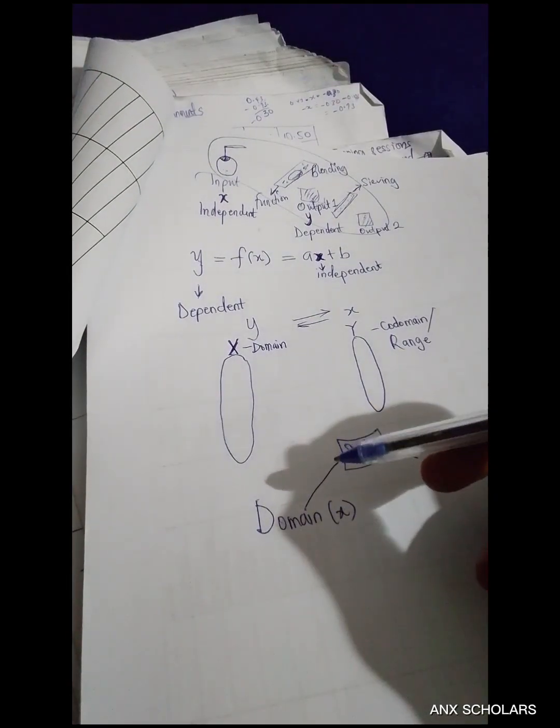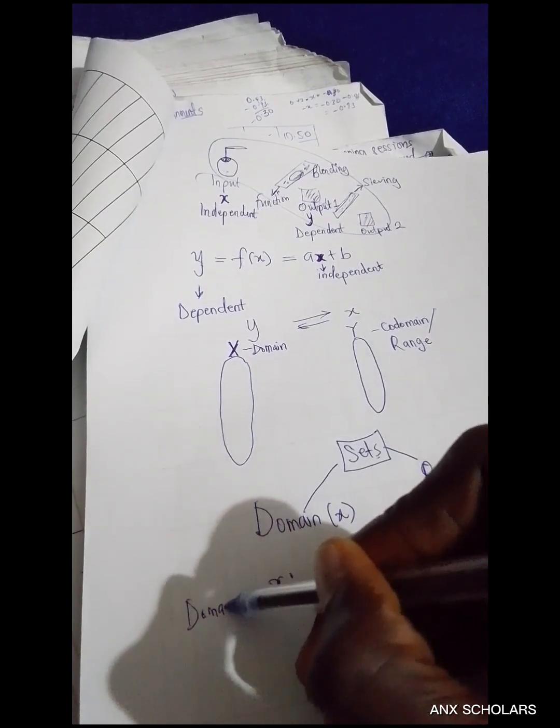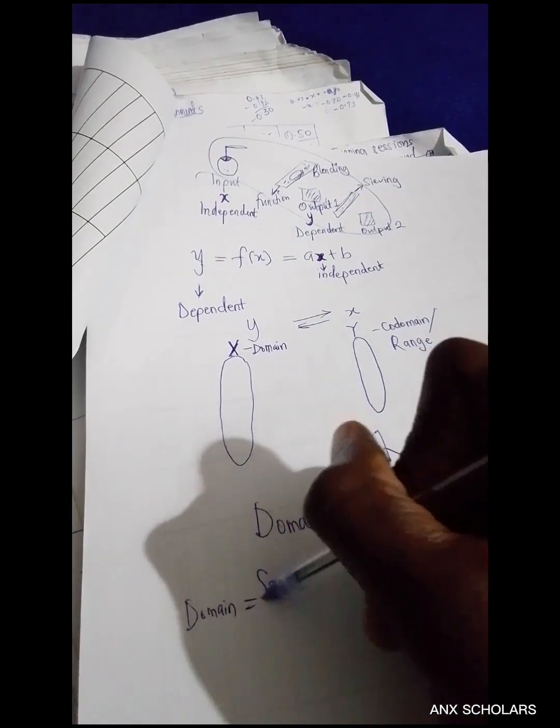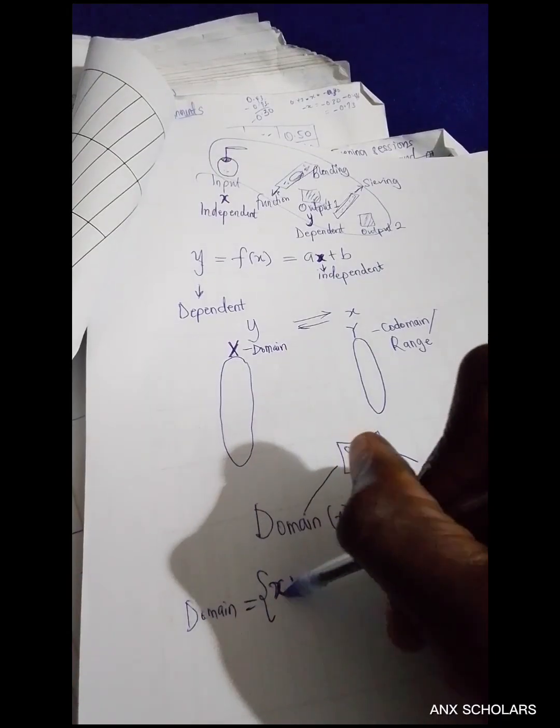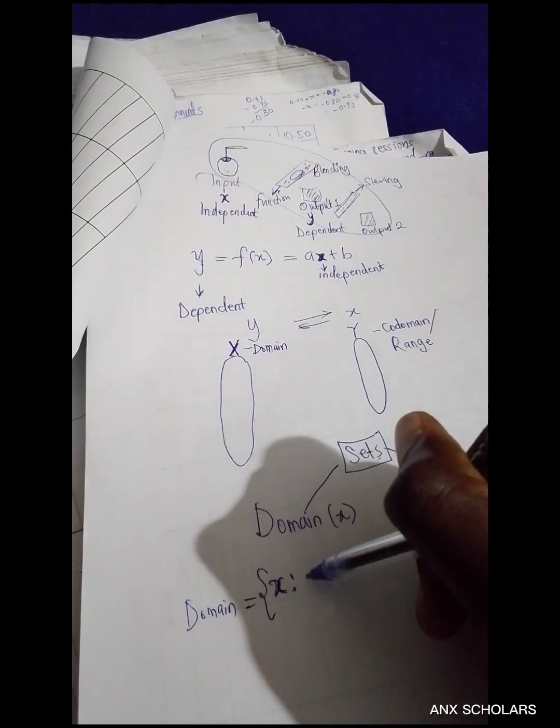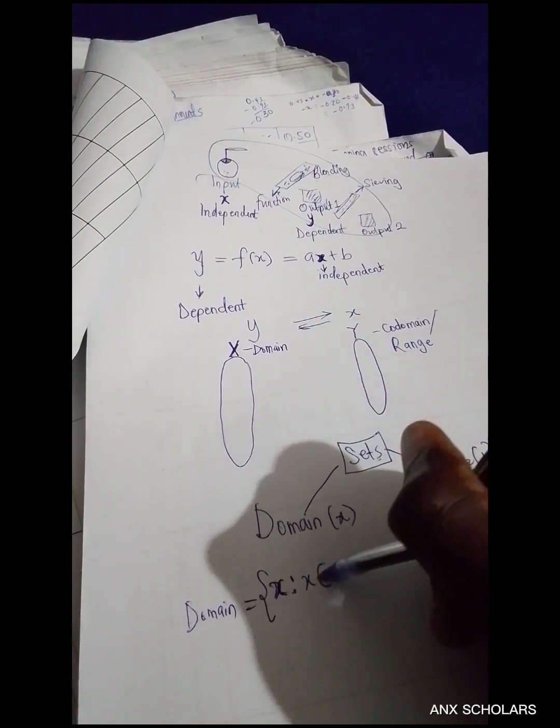By God's grace. So in the normal set builder notation, we would have something like this. Domain is equal to, open bracket, x such that x is a member of whatever. It depends.